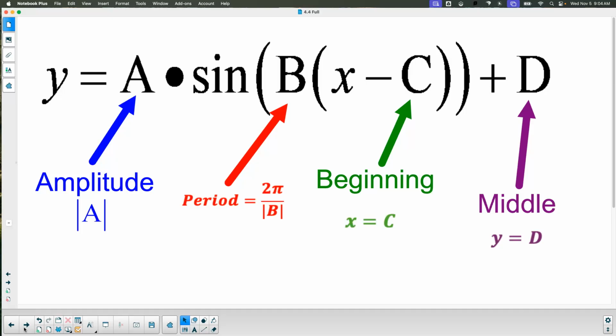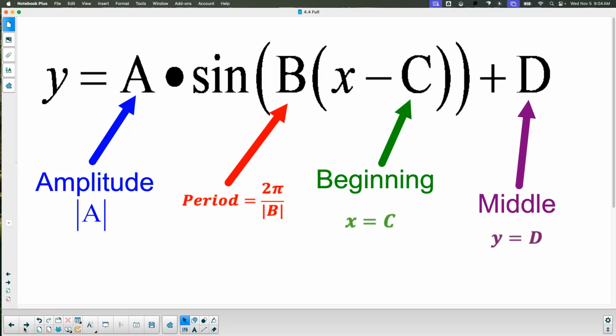C. What's the only thing that C controls? Where you start. Okay. So C only controls where you start. D. What's the only thing that D controls? Your middle value, your vertical start, if you will, the vertical middle.